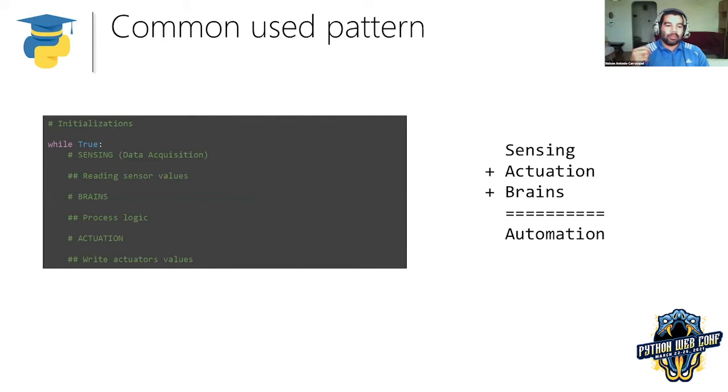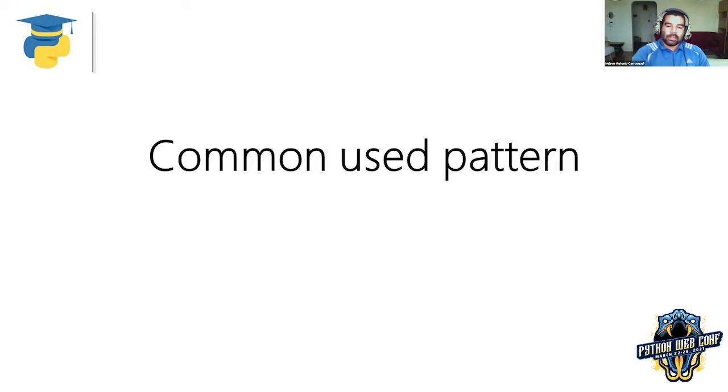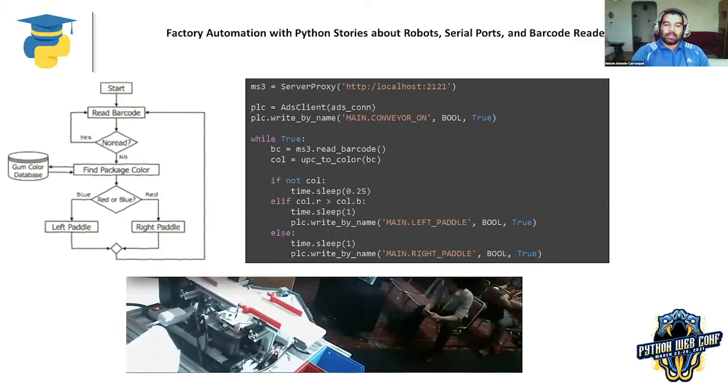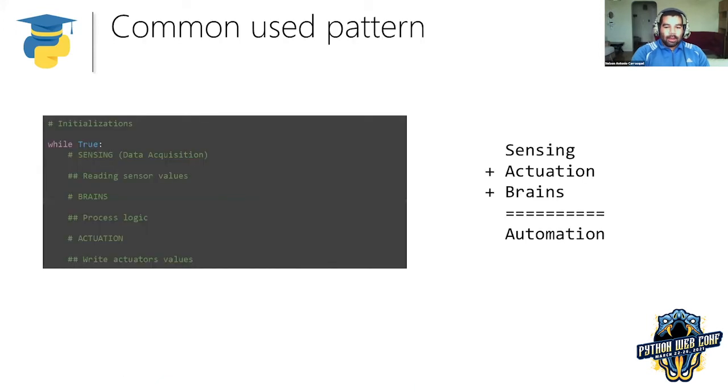You take some values from the real world, then you do some brains, you process some logic based on those inputs, and you end up doing some actuations. You are reading and writing to some electrical devices that you can communicate with through any interface. In this case, he used a PLC that he can write values to or read from. And you do this in an infinite while loop, in a perpetual loop.